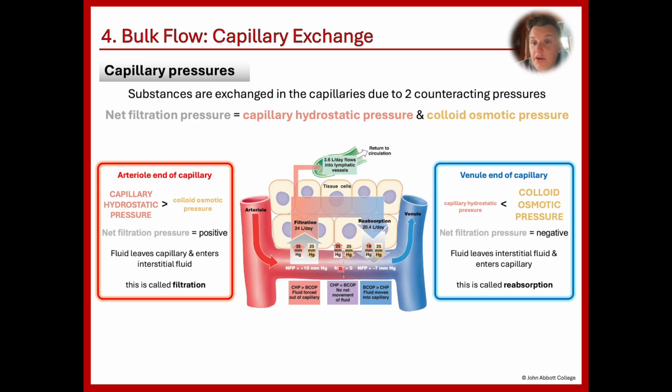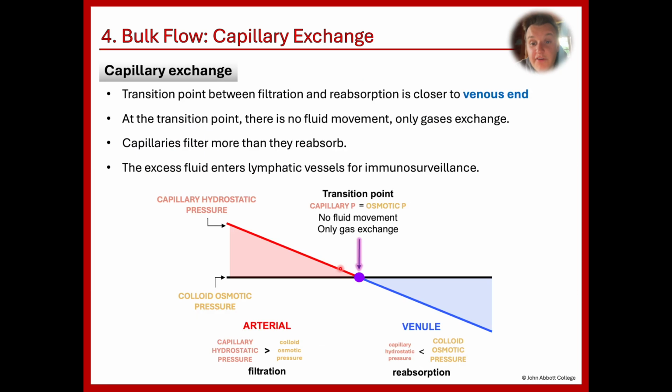You just don't see any gray arrow. No fluid is moving. However, it's interesting to note that only gases will exchange. This is actually where oxygen and CO2 exchange. Because remember, they just go out and they cross the plasma membranes. So they don't need to pass through the little pores, right?